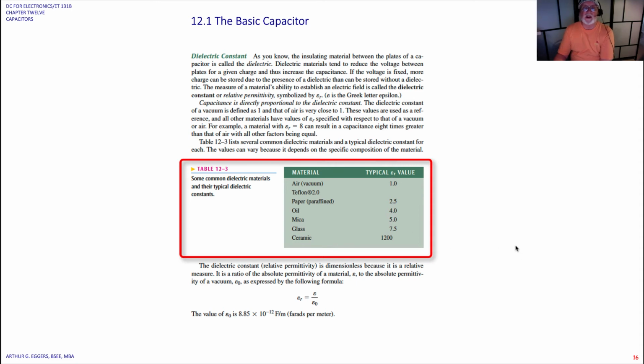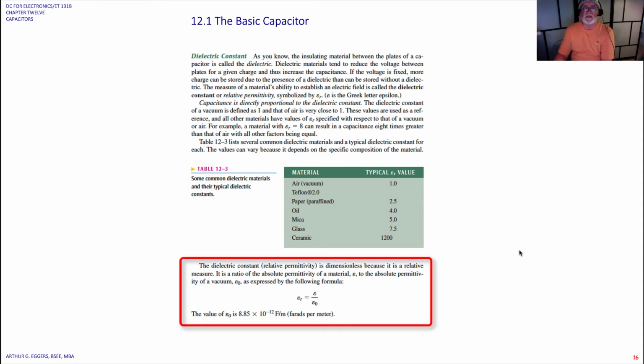The dielectric constant, relative permittivity, is a dimensionless unit because it's a relative measure. As we've seen in most other things, it's a ratio. It's a ratio of an absolute permittivity of the material, epsilon, to the absolute permittivity of a vacuum, epsilon naught.